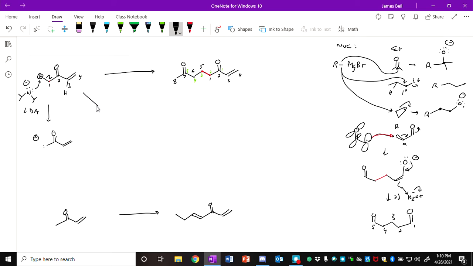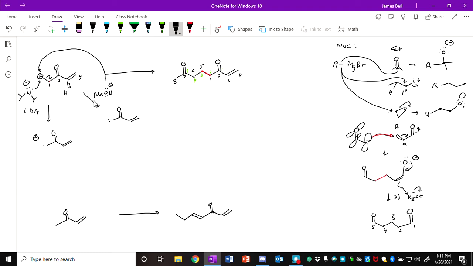The other option would be to use something a little bit less reactive, which might be cheaper or easier to handle. Maybe it's like NaOH or methoxide or ethoxide. OH minus would pick up the same proton, but in that case, OH minus is very similar, and OR minus would also be very similar in stability to the resulting enolate.